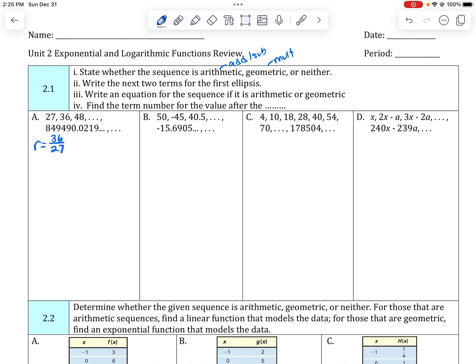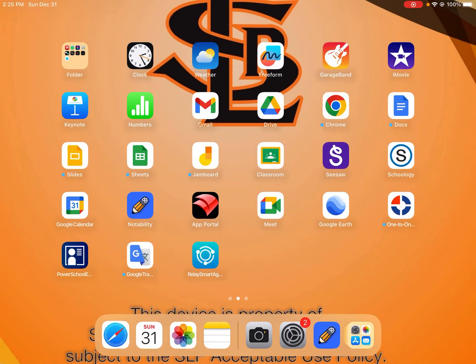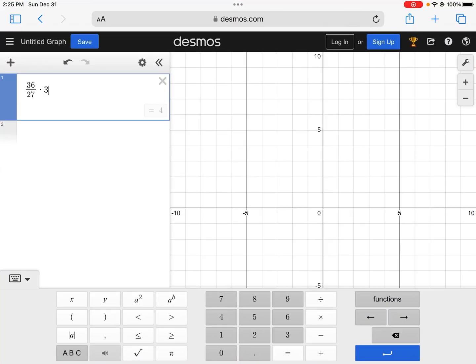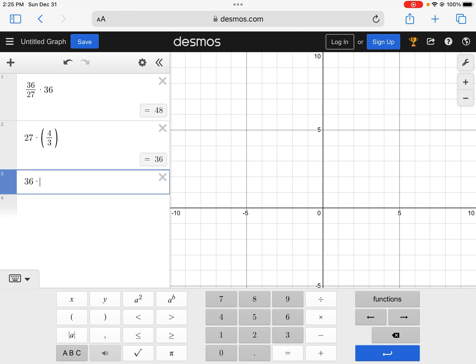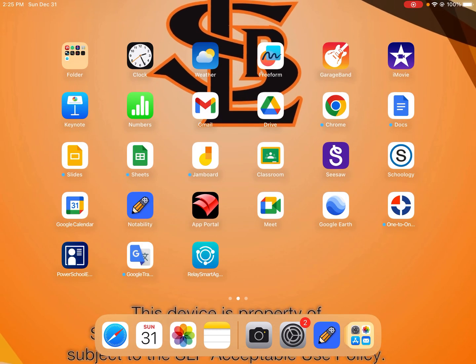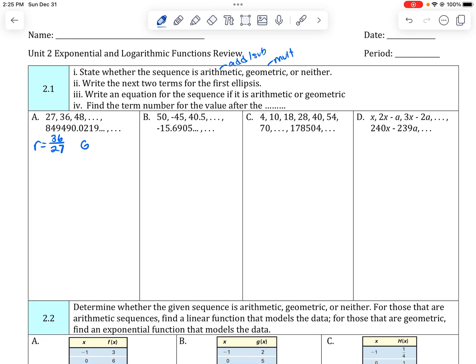So our ratio times 36 gives us 48, because 36 times 4/3 is 48. So there's our ratio right there. To write our rule, we know that this is geometric.